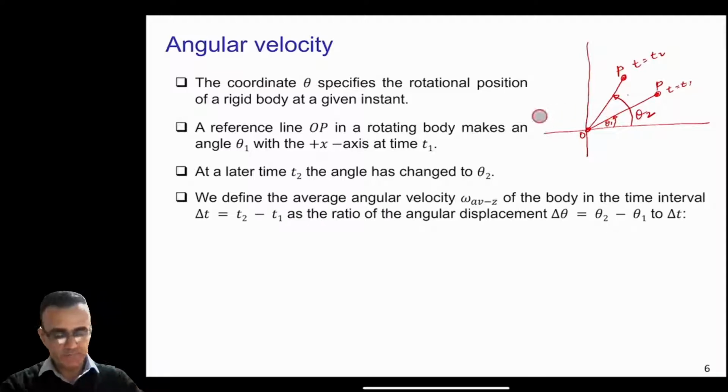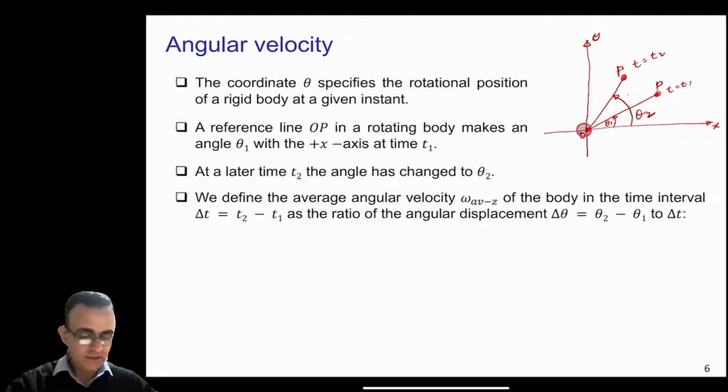So we define the average angular velocity. If this is our x-axis and this is our y-axis, then the z-axis is out of the plane of this paper, and therefore we represent the angular velocity by omega average z.